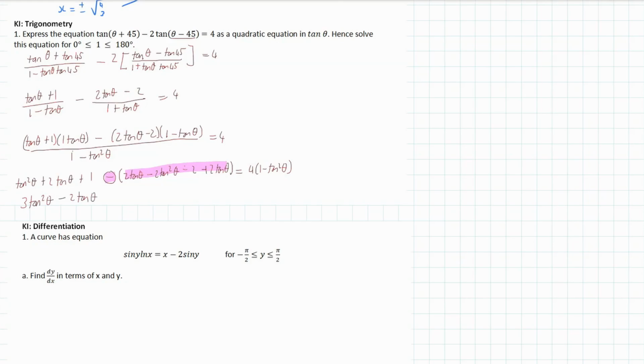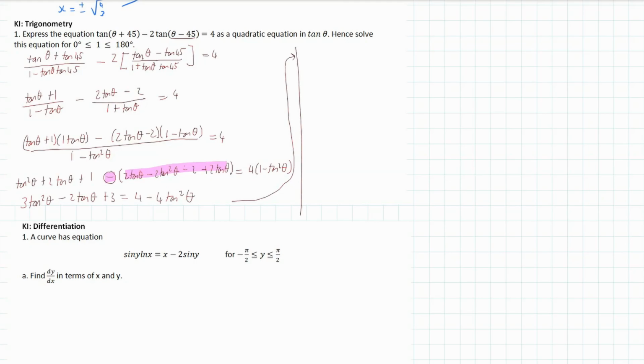Now let's look at our constants, non-theta terms. Inside the bracket, we've got minus 2, which becomes positive 2 when we apply the negative from the outside. So we get 1 plus 2, which is 3. So plus 3, and this should equal 4 minus 4 tan squared theta. I'm going to bring our work up to here now.